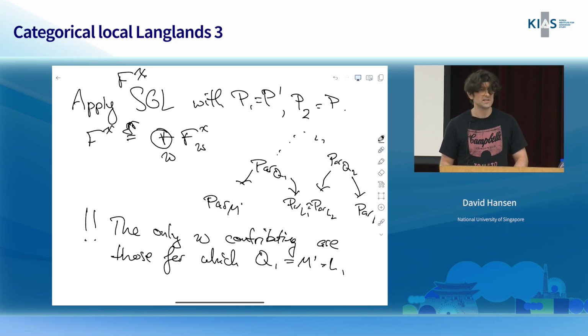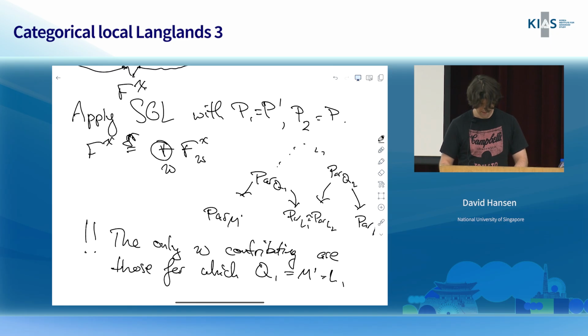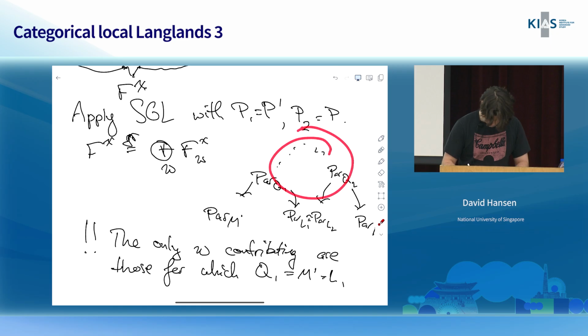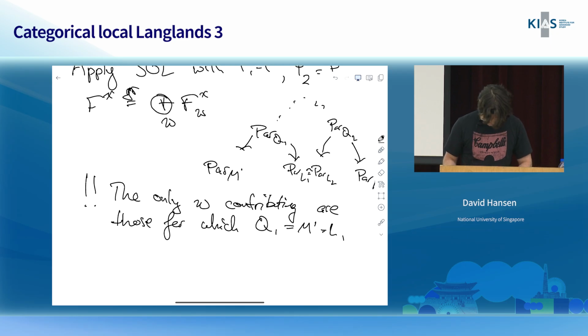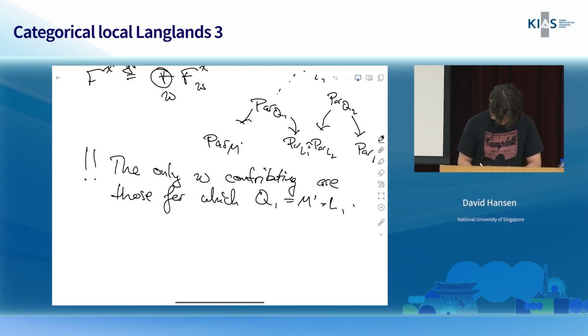And then if you squint, you're going to see that life is going to keep getting better and better, right? Because this diamond that I didn't draw all of here, this diamond here is Cartesian, right? So if one of the legs is an isomorphism, so is the other leg, right? So this horrible diagram is going to collapse a bit for these W's, which are somehow the only relevant ones in the diagram.